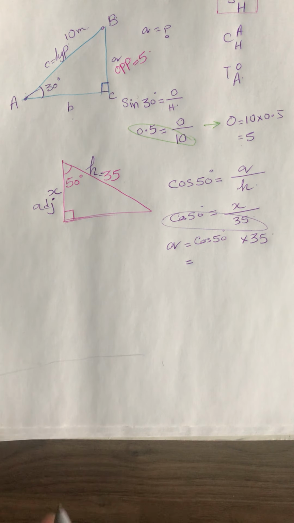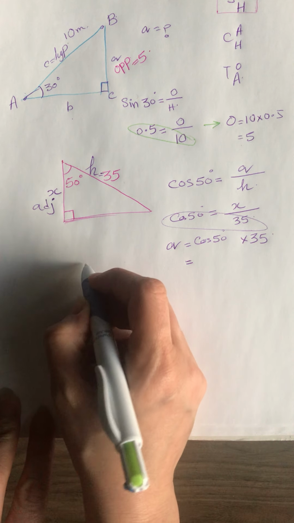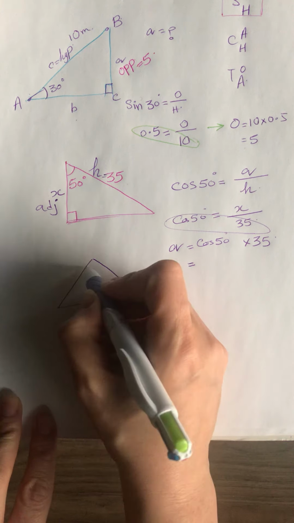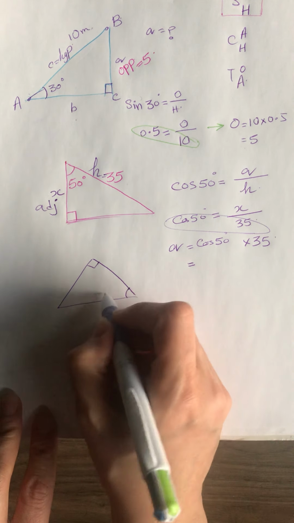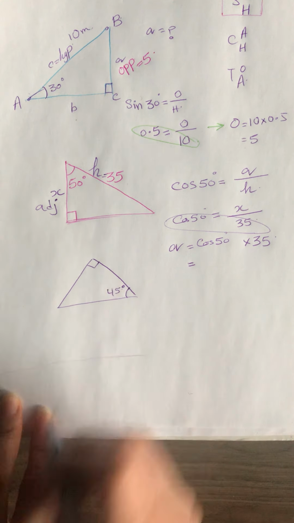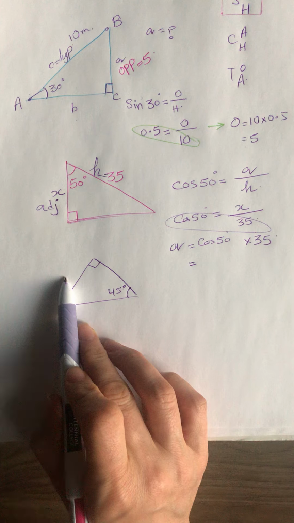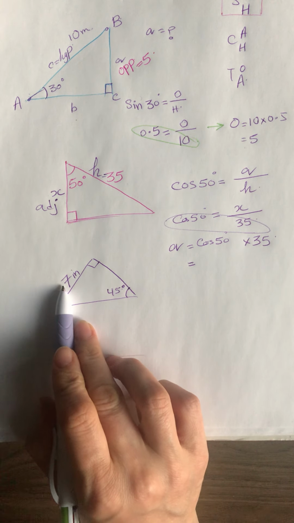Let us do the last example on this part of the lesson. I have, again, a right angle triangle like this. I'm going to know that this is 45 degrees. And they tell me that this side is 7 inches, or whatever unit, just 7.